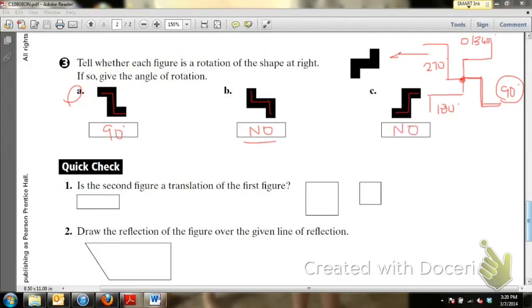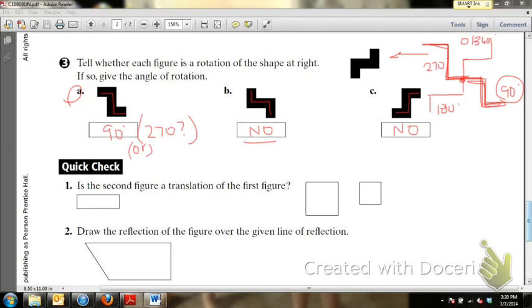So, nope, it is not. Now, I guess actually this one could also be 270, because these are both Z's, right? Those are both nice Z's, so it's hard to tell which one it would be. So given this shape, the way they drew it, I would take either of these.